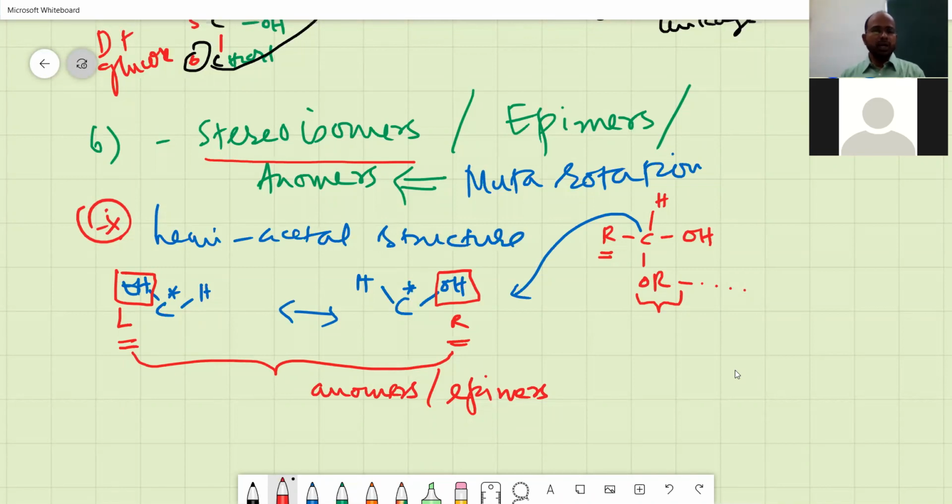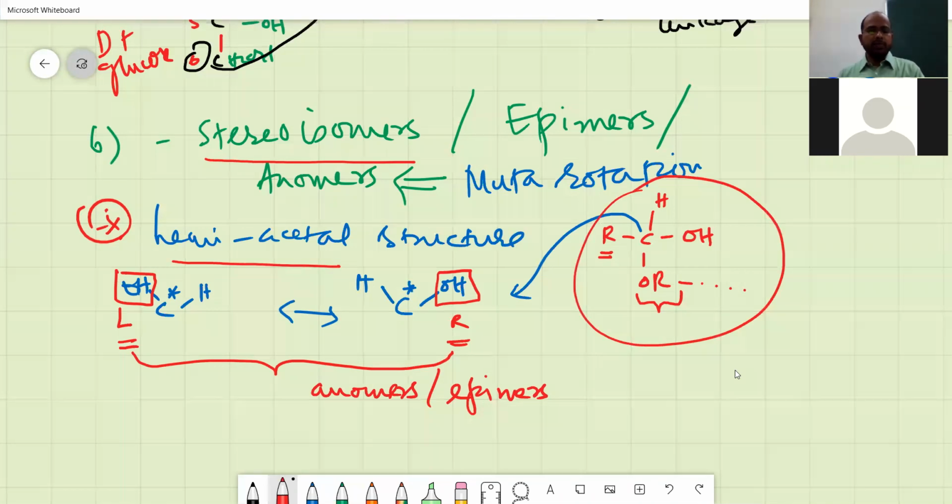But here you have to remember the hemiacetal structure, this entire thing, and try to say that the beta plus and beta minus rotation, right and left, of the glucose is because of this isomer.